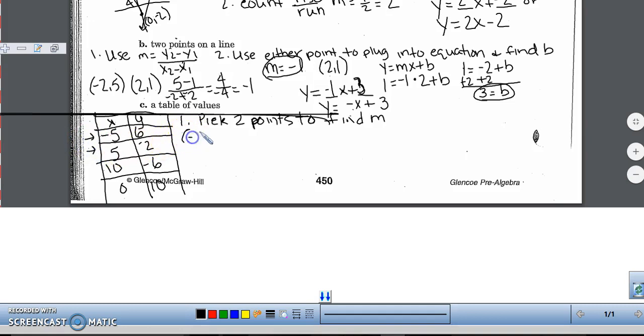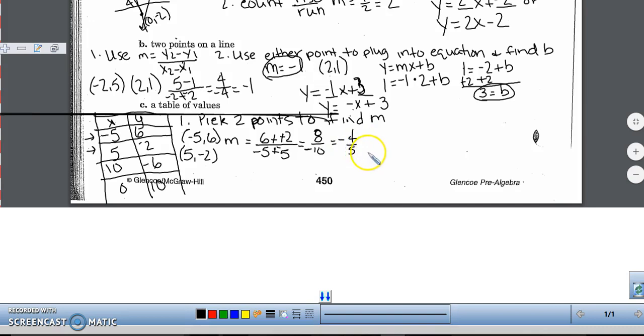Okay, so my 2 points are negative 5, 6 and 5, negative 2. So I'm going to find my m. I'm going to subtract my y's. So I've got 6 minus negative 2 over, top one is first, negative 5 minus 5. So I change that to plus, add the opposite as well. So now I've got 8 over negative 10, which equals negative 4/5.